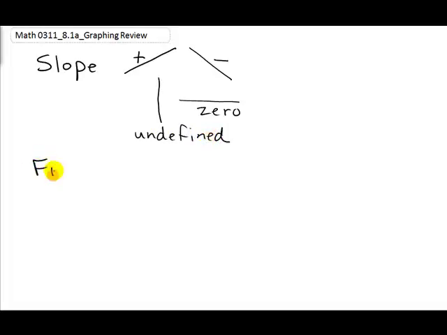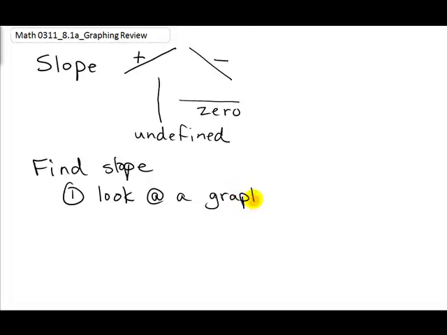To find slope, one way is we can look at a graph for the rise over the run.